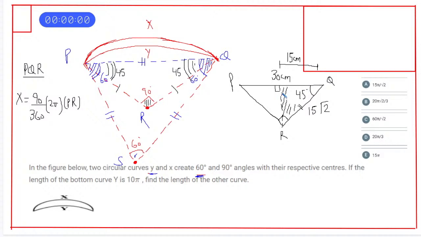Oh, sorry, I am applying cos 45. They are basically the same thing. So cos 45 is base over hypotenuse. So 15 by root 2. So it's 1/4 of 2 pi and 15 root 2. Right? So how much would it be? 15 pi by root 2. So that's our answer for this question.